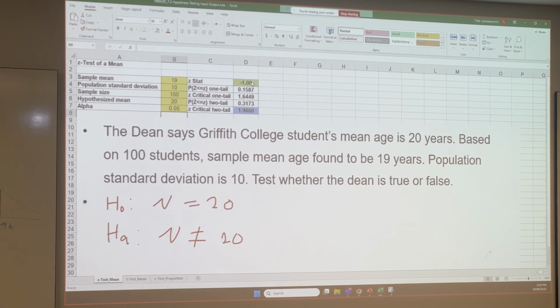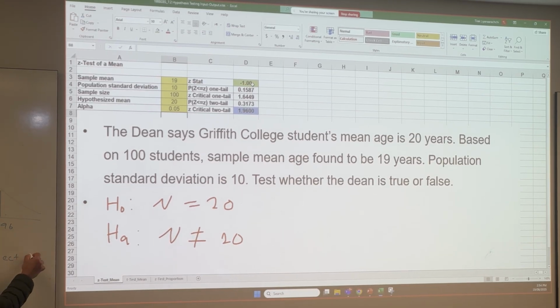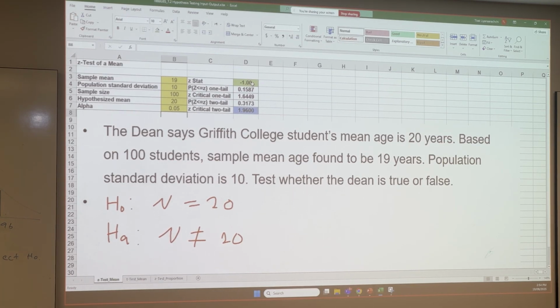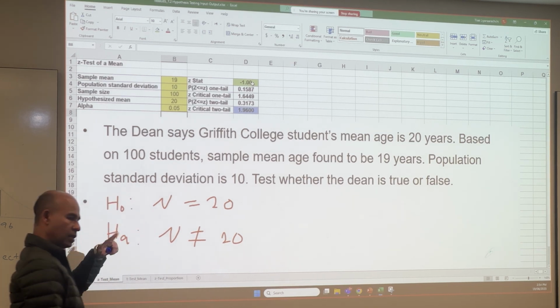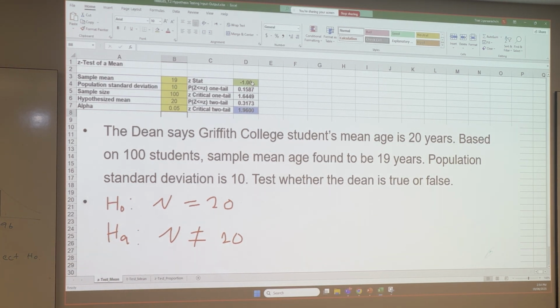If your z value falls into this area, your conclusion is do not reject H0. So is D correct? Correct, because H0 says the mean is 20, that is what the Dean says. So the Dean's statement is correct. That's the conclusion.